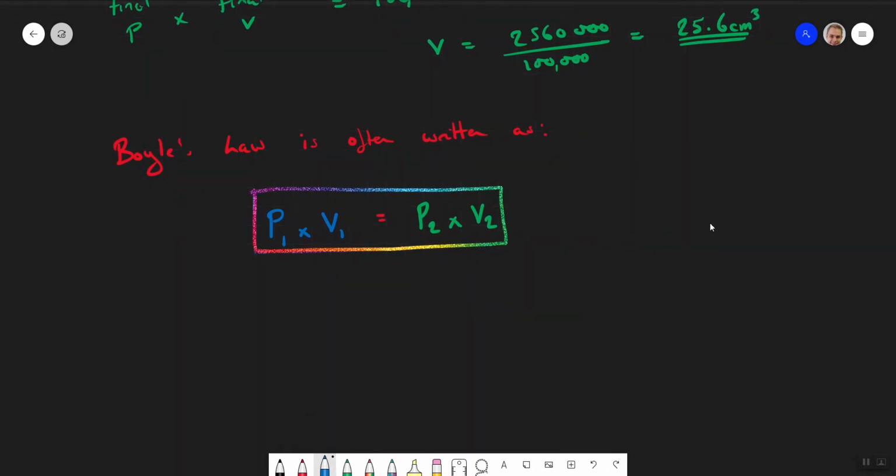So P1 is the initial pressure and V1 is the initial volume. And P2 is equal to the final pressure and V2 is the final volume.